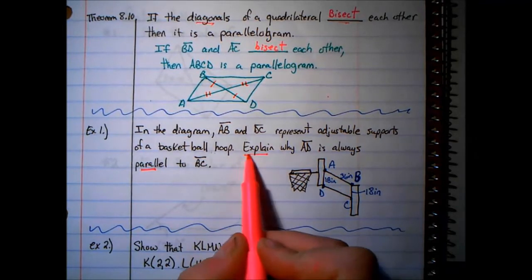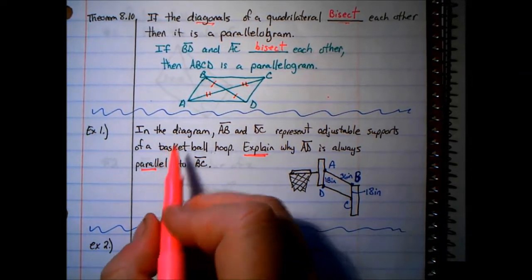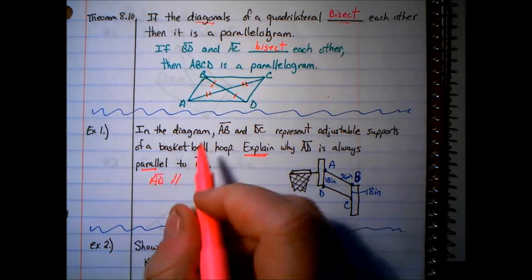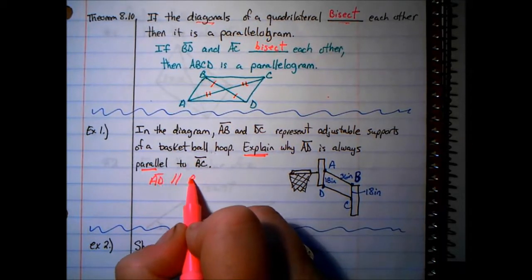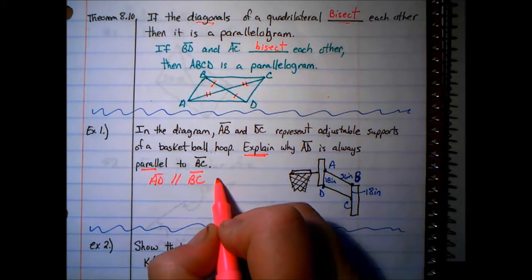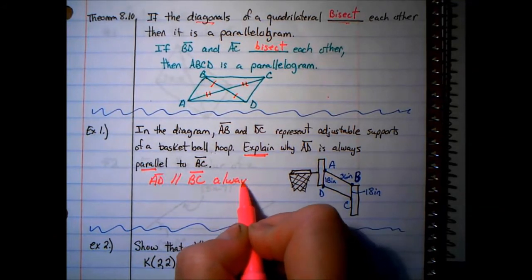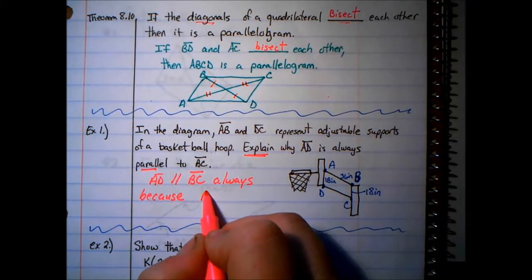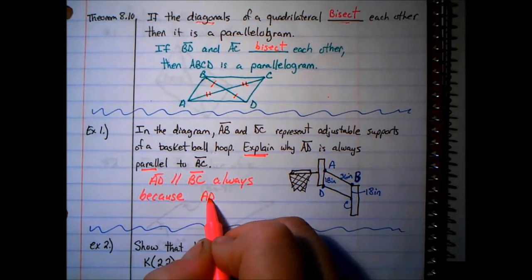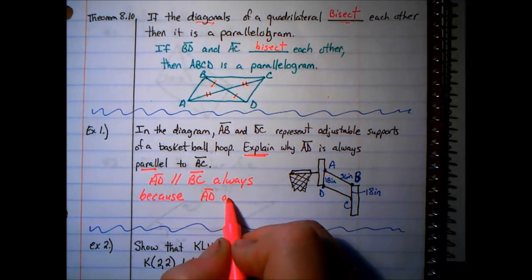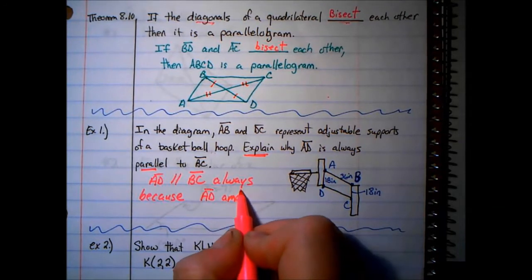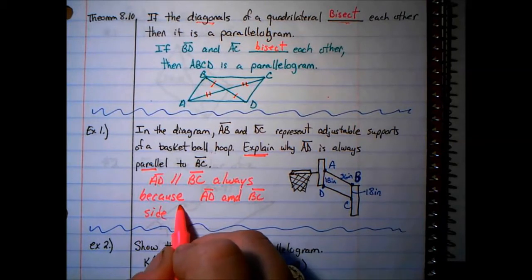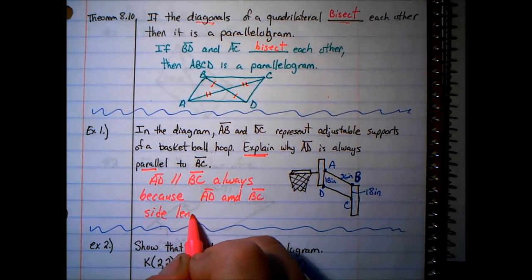So to explain why they're always parallel, I'm going to say that AD is parallel to BC always because the segment AD and the segment BC's side lengths never change.